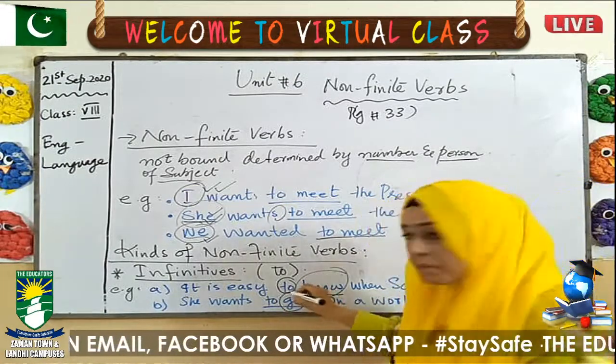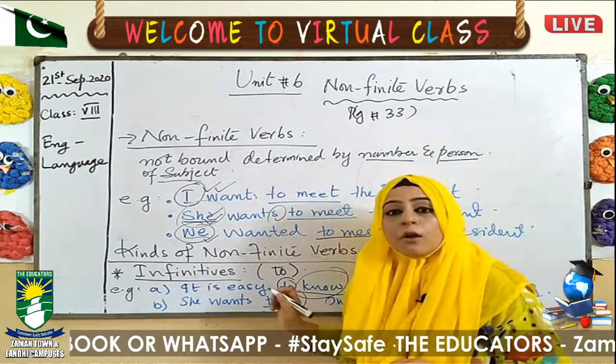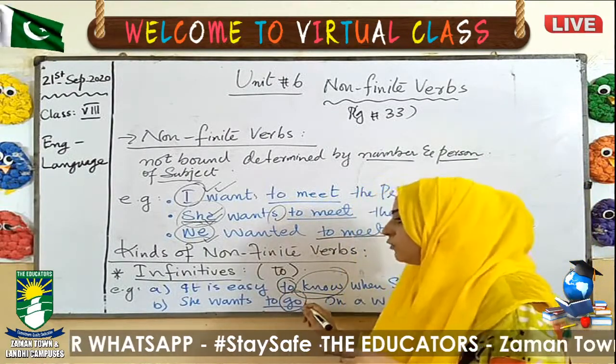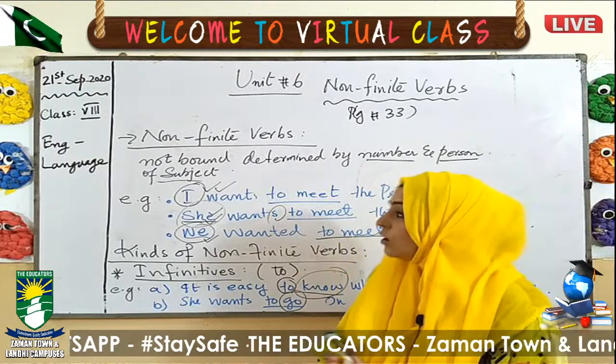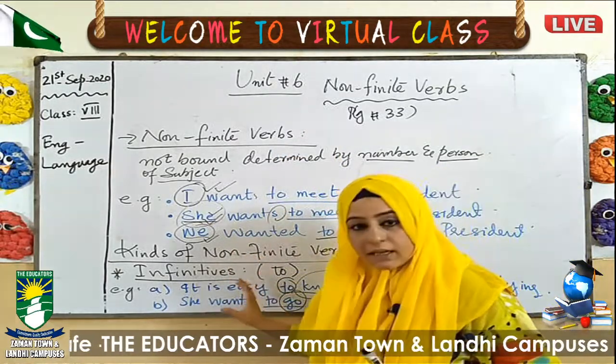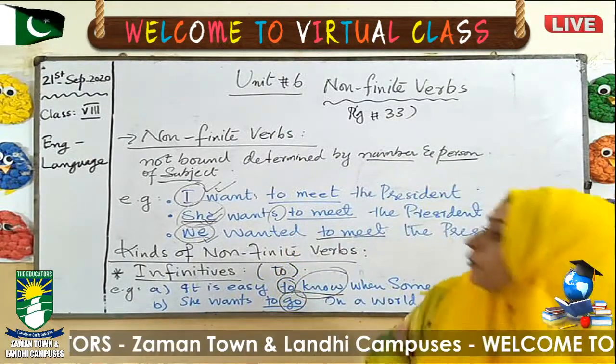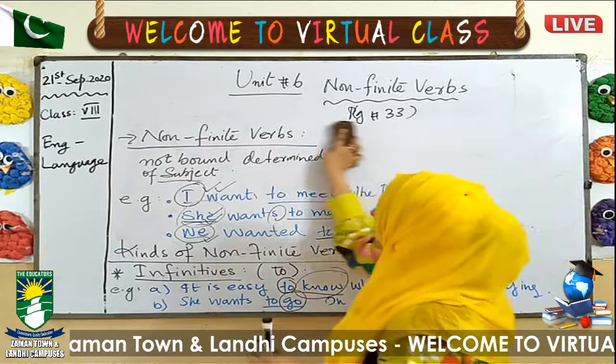Go, base form, and along with it we have the preposition to. So it would be our infinitive. Clear? So number one kind of non-finite verb is the infinitive. Let's come up to more kinds of non-finite verbs.